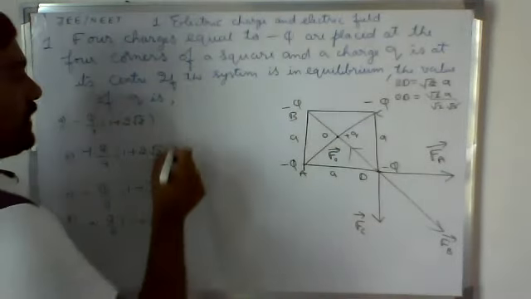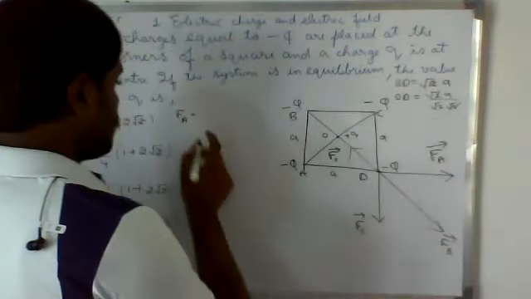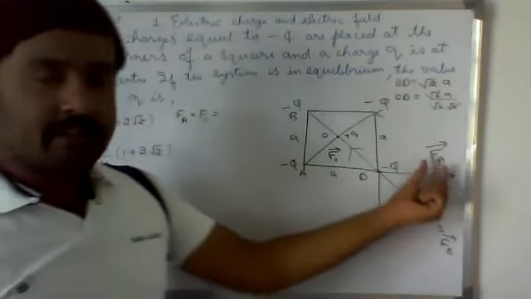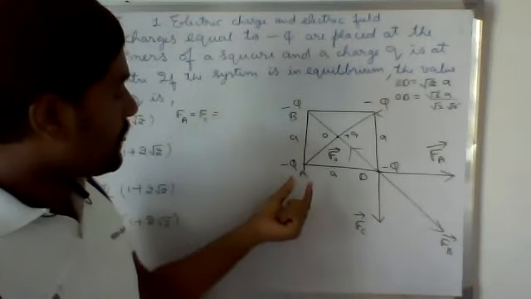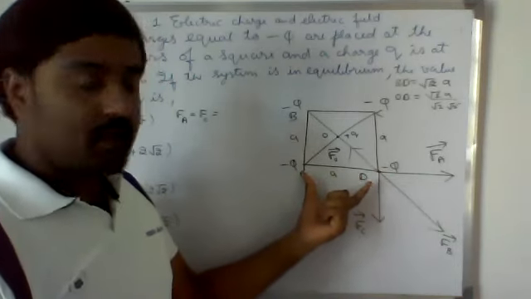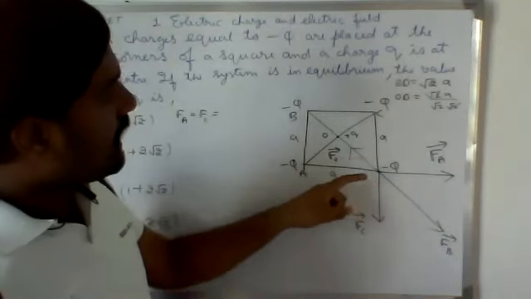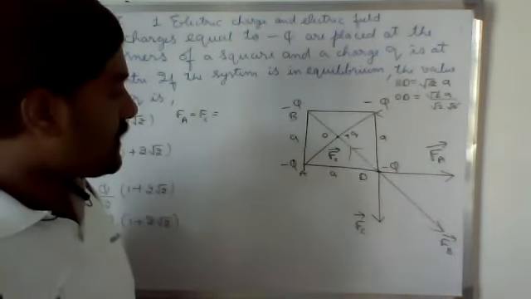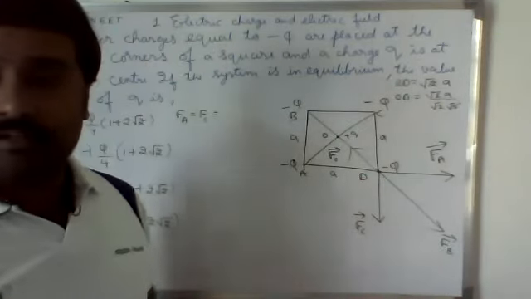Next, we have to find the magnitude of the FA vector and the FC vector. Actually, the FA vector magnitude is exactly equal to the FC vector magnitude, because the magnitudes of the two point charges and the separation are the same. That means the FA magnitude is exactly equal to the FC magnitude.